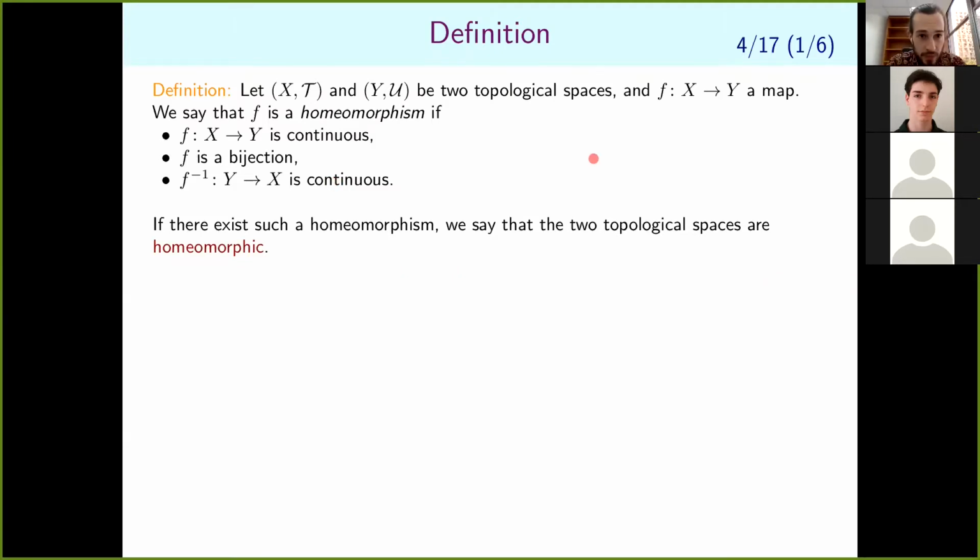That's it. If you have such a map f between two topological spaces, then we say that the two topological spaces are homeomorphic.